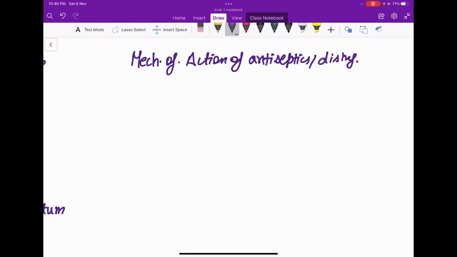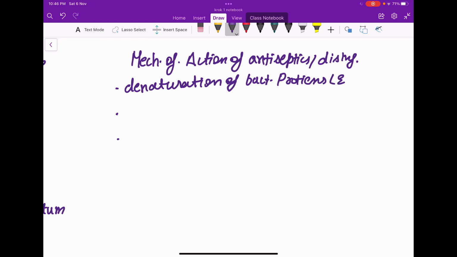It must work by one of three mechanisms. First, by the denaturation of bacterial proteins including enzymes.